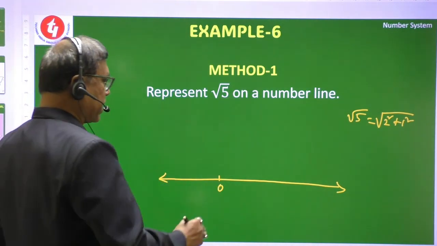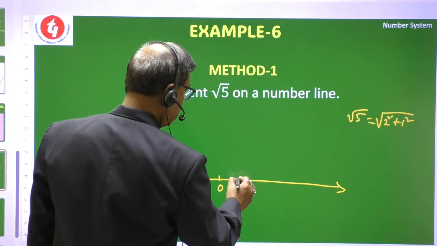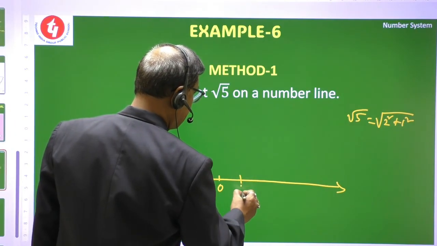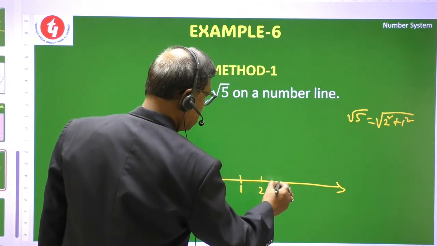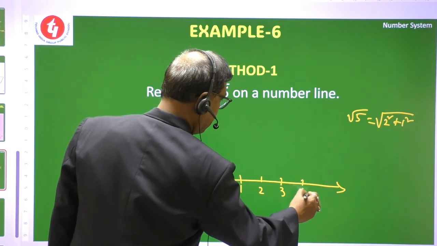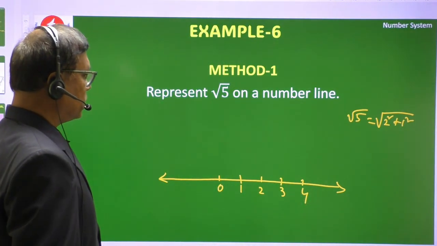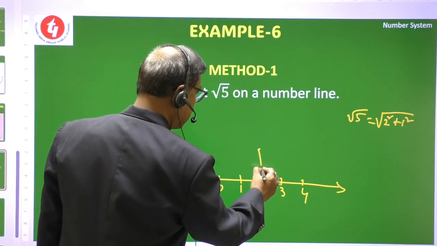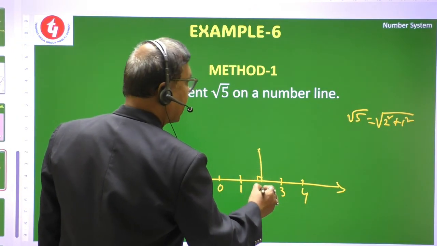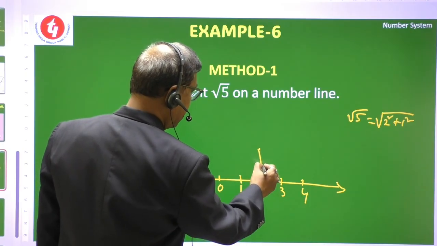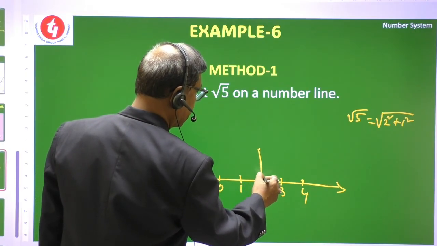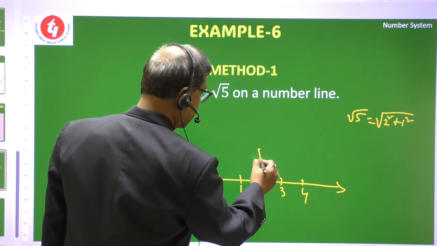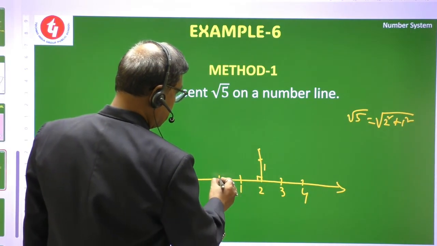So from that point we will mark, suppose this is 1 and this is 2 and this is 3 and this is 4, like this. At 2 we will draw one perpendicular line and we will consider 1 unit from this perpendicular line. So this is 1 unit.